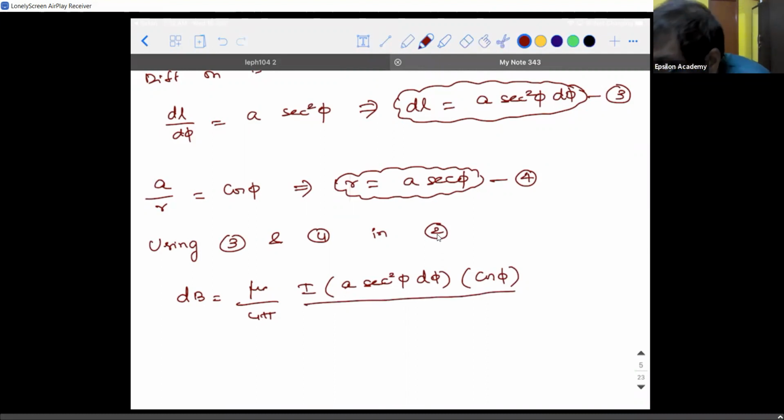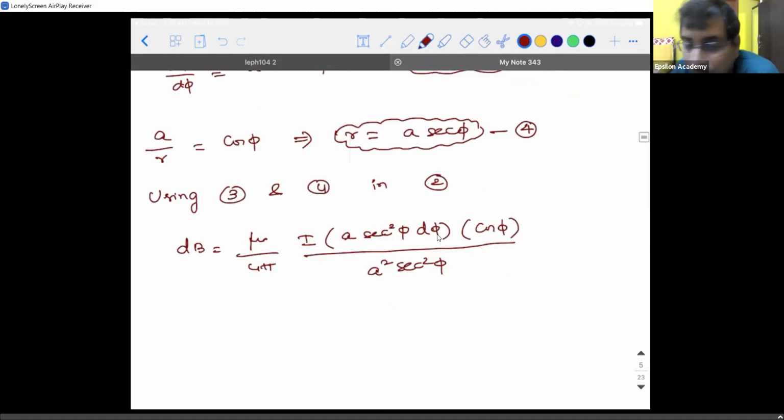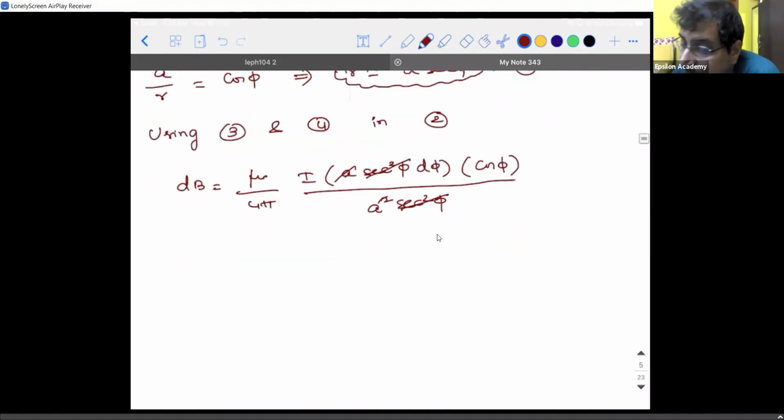R square. R square is nothing but A square secant square phi. So what gets cancelled? Secant square phi, secant square phi. One A gets cancelled. So you get mu naught divided by 4 pi. I will combine this A with 4 pi into I. Mu naught I divided by 4 pi A into cos phi d phi is what is dB.